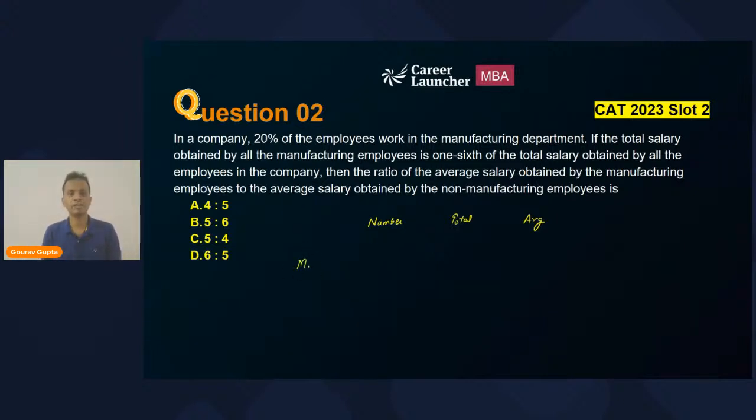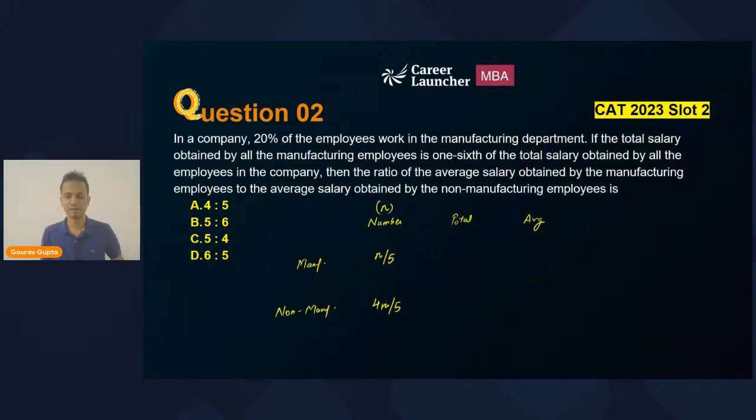Now, manufacturing and non-manufacturing are the two categories of employees working here. So in a company, 20% of the employees work in the manufacturing department. Let's say n is the total number of employees, so n upon 5, that is 20%, will be manufacturing. The remaining 4n upon 5 will be non-manufacturing.